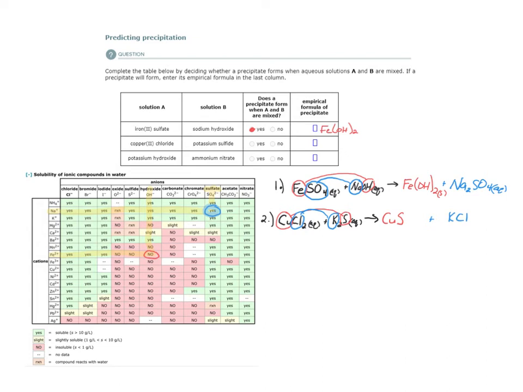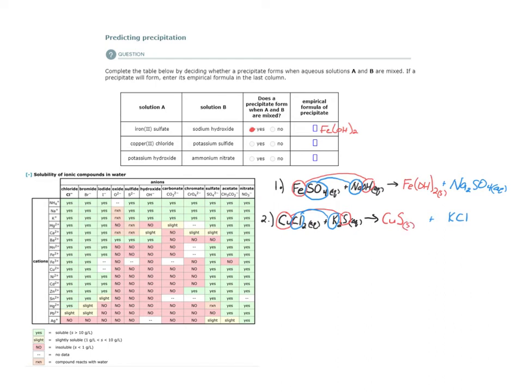Well, let's go back to our table and let's erase what we've already done. If I go back to our table and take a look, let's find copper. Copper is right here. Let's find sulfide right here. So if I come across to the sulfide column and copper 2 plus row, I see that this is not soluble in water. It is a precipitate.